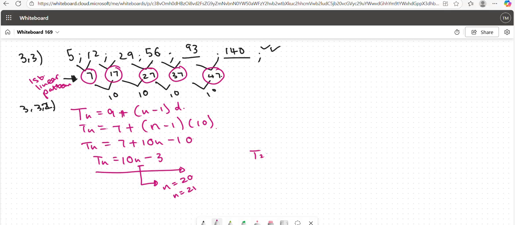So T20 would be 10 times 20 minus 3, and this will give us 197.